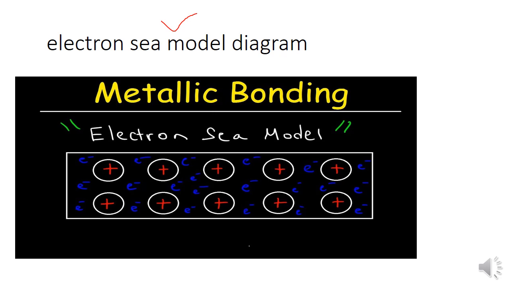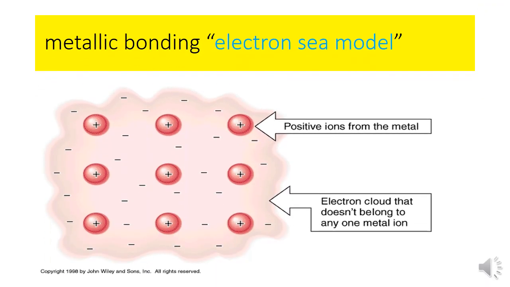This positive is from metal, then there are the electrons that move. Example, the metal sodium, with sodium ions. Also, in this electron sea model, the positive ions are from metal, for example sodium, whereas the electron cloud, which is negative, does not belong to any metal ion, but it acts as the electron sea.